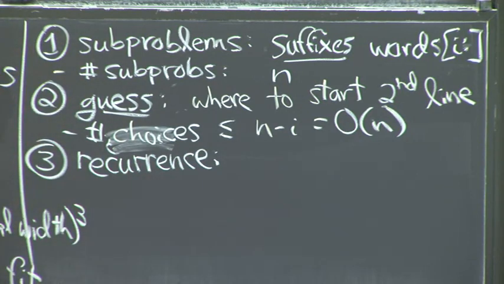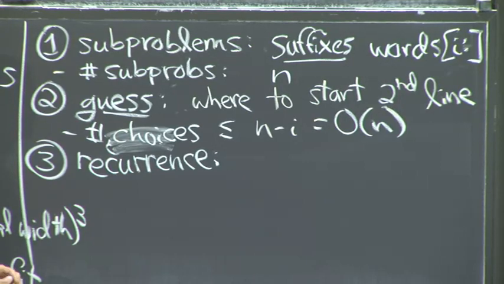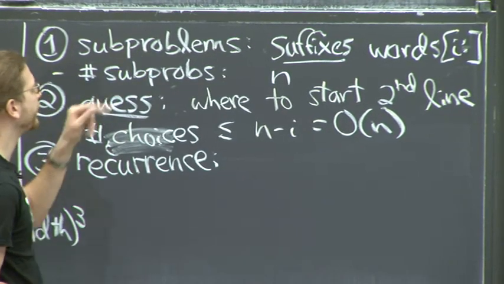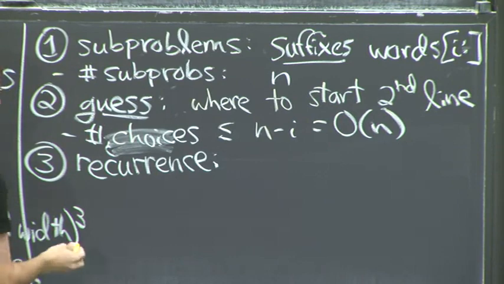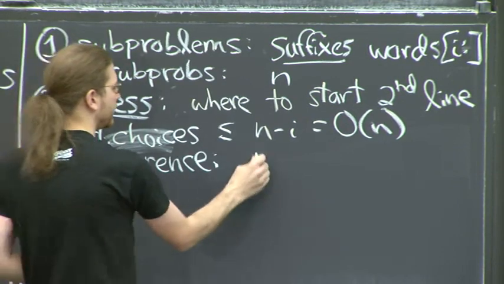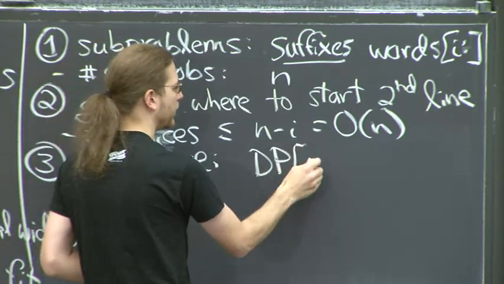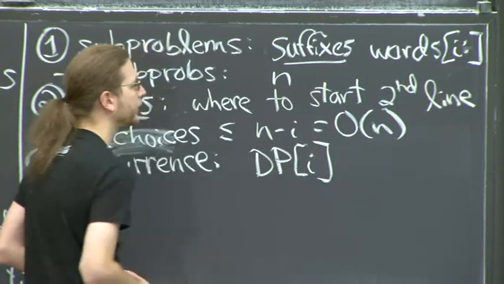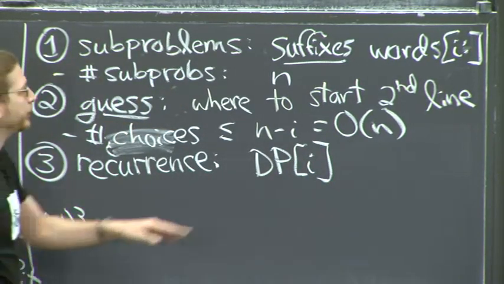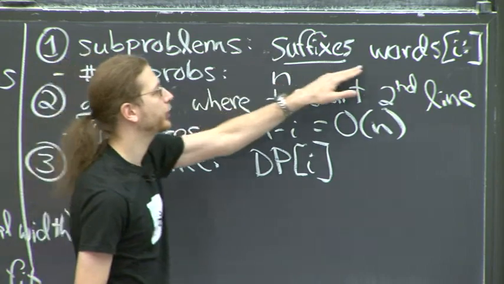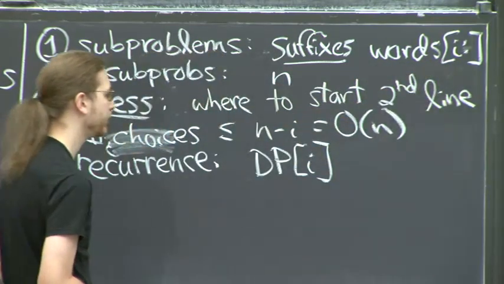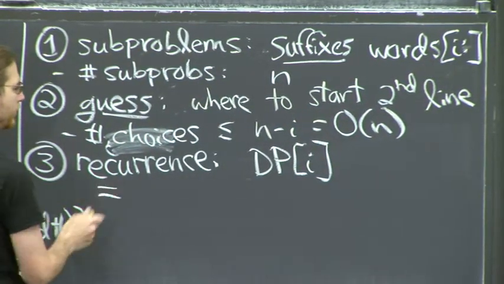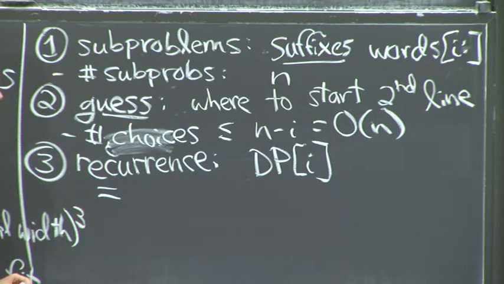I claim this is very easy. I didn't give this problem a name, so I'm just going to write it as dp of I. This is going to be the solution to that suffix, words from I onward. What I want to do is consider all possible guesses.